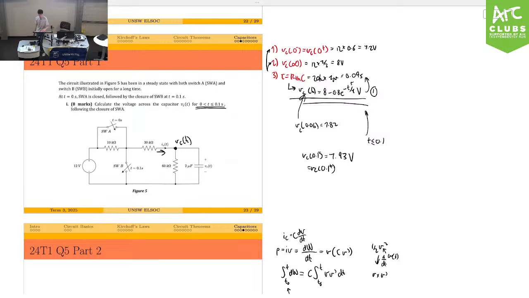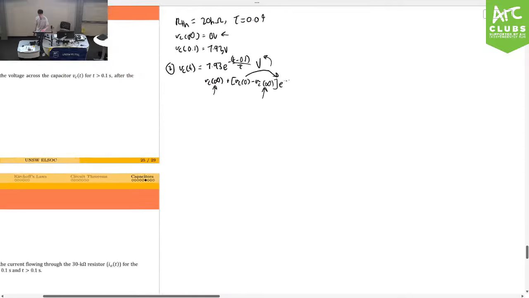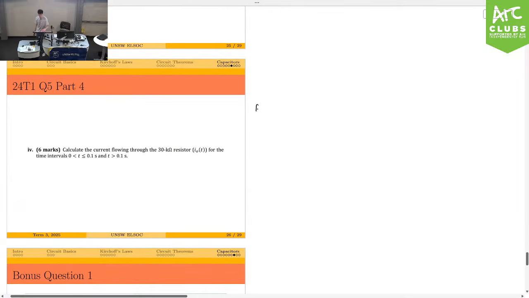And then here, right after you make the switching point, well, this shorts. So this is 12 volts. So if I want to find I naught, for 0 to t to 0.1, well, I naught of t is going to be equal to 12 minus VC of t, over 30K amps.